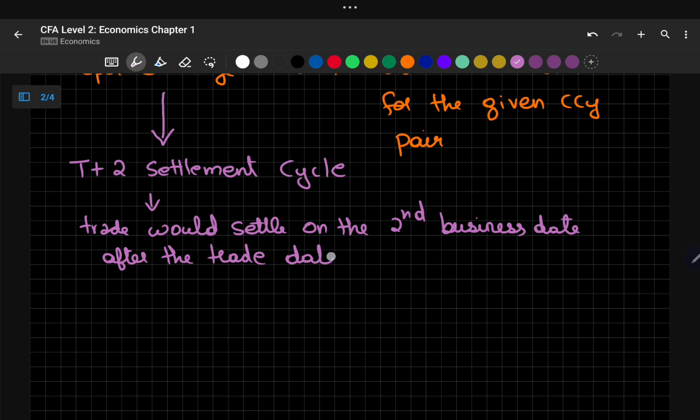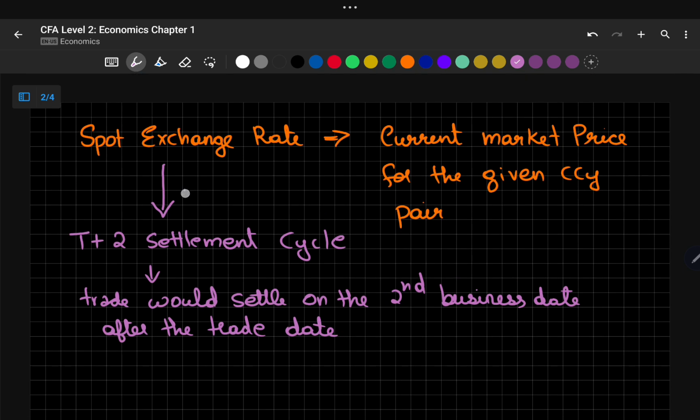So usually it is a T+2 settlement cycle.